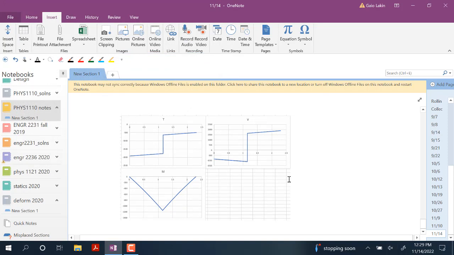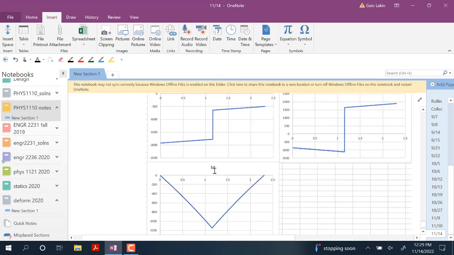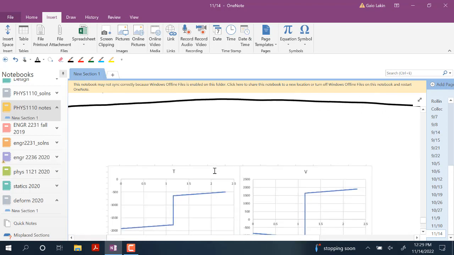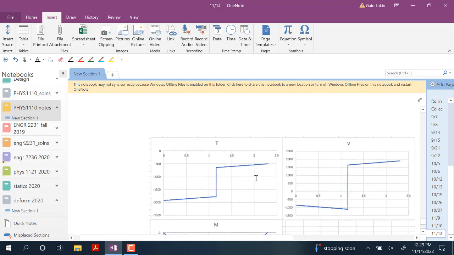For the internal tension, the maximum absolute value of the tension is right at the left end. There's no way without doing this problem we would have been able to predict that, but that's what it is.